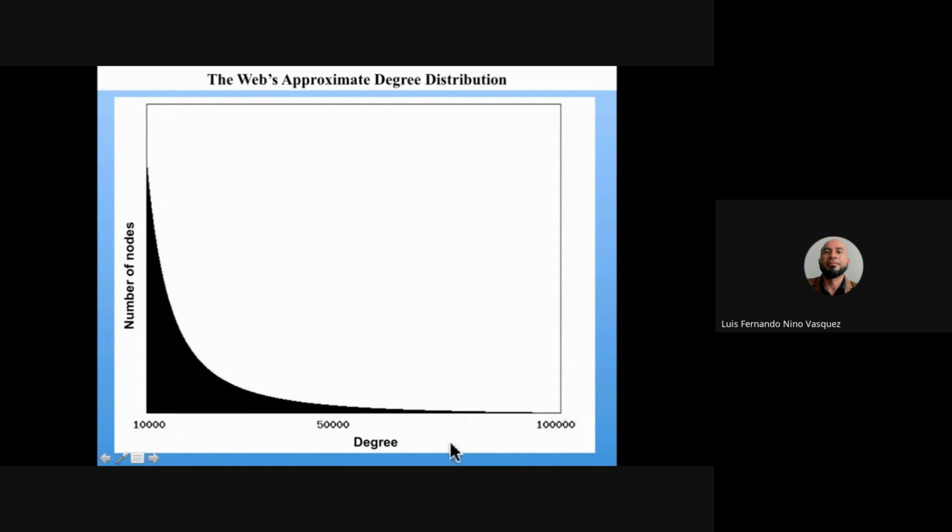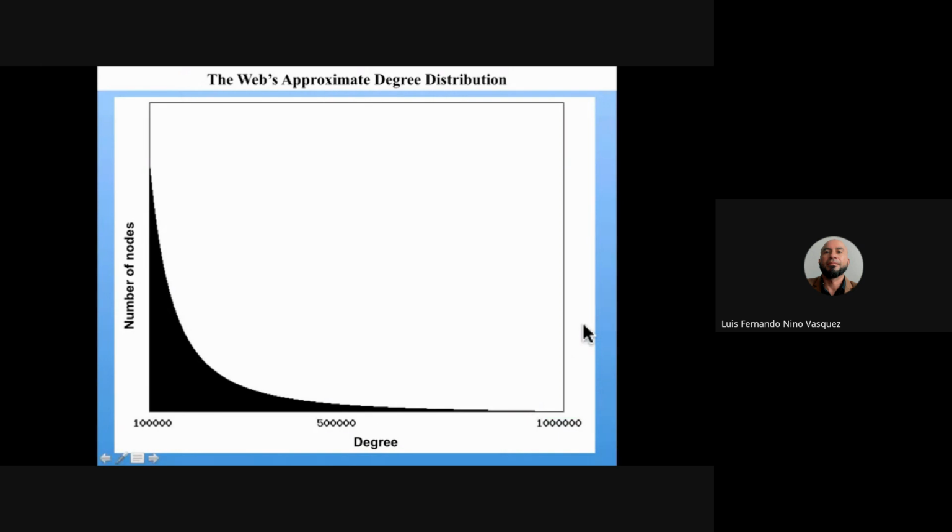So what we were seeing before is this little tiny patch over here becomes larger here. This of course is much lower number of nodes than in the previous plot, but I just want you to concentrate on the shape. If we blow up a little part of this, the shape remains the same. Similarly, if I start at 100,000 and plot it all the way out to 1 million, the shape remains the same.